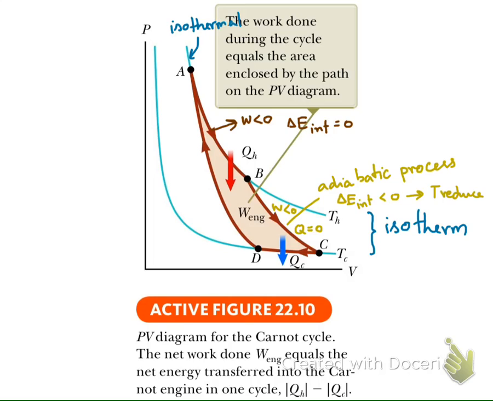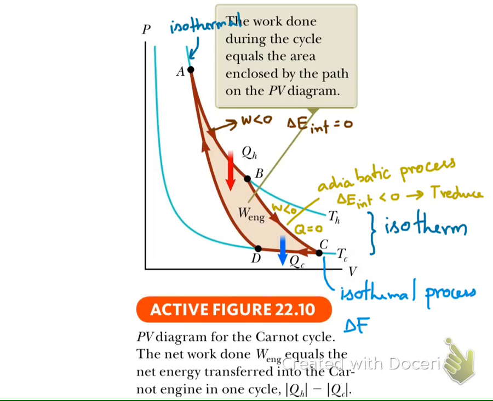Next, we put the cold reservoir in thermal contact with the system. The cold reservoir is at the temperature Tc, the lower temperature, and this makes the system release heat into the cold reservoir by the amount of Qc. Again, this is an isothermal process.